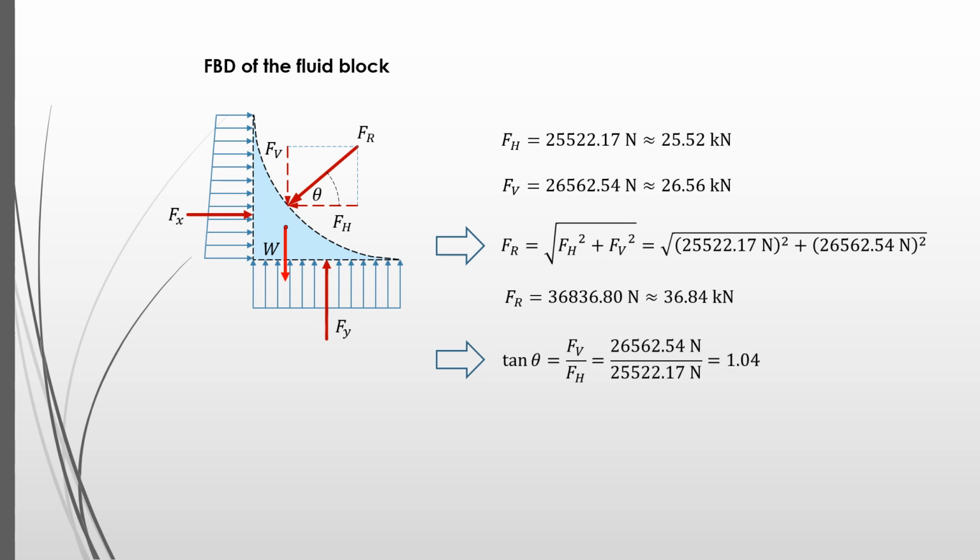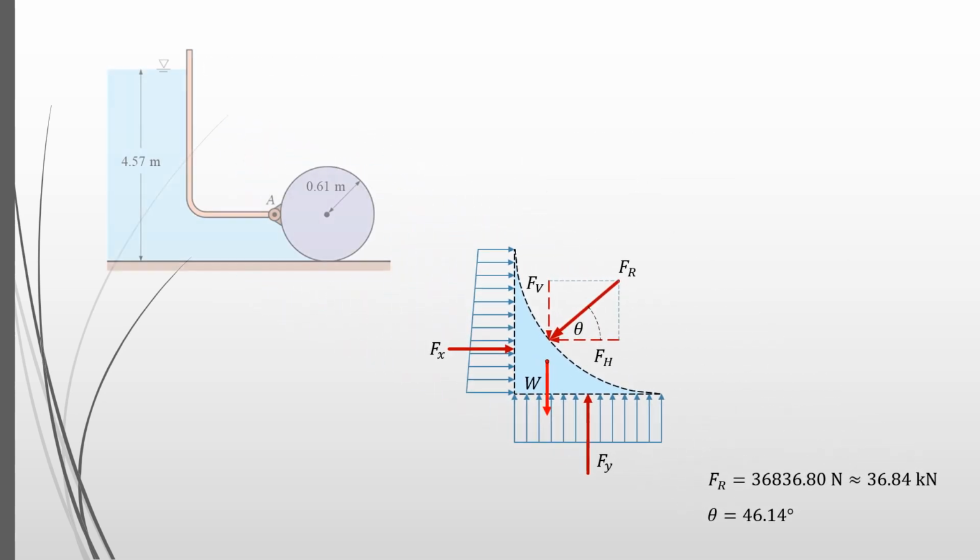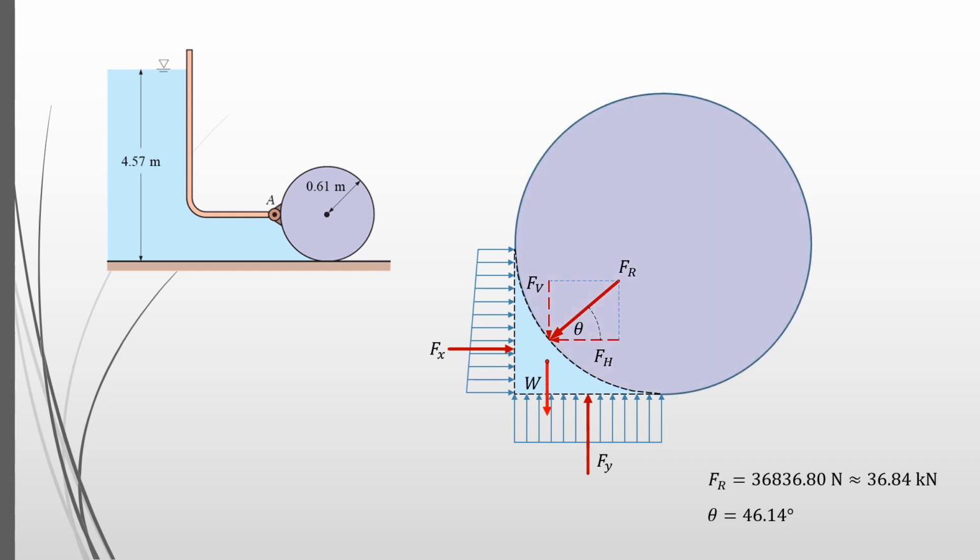We obtain theta equals 46.14 degrees. The resultant force Fr obtained previously is the reaction from the gate to the fluid block. The force from the fluid block to the gate is the same in magnitude as Fr, but in the opposite direction.